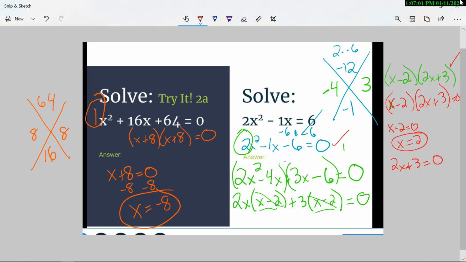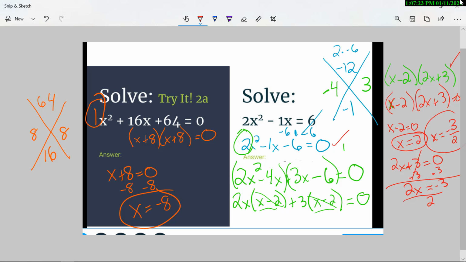And because we have a coefficient of x that's not 1, we're going to have a fraction. We're going to have a negative fraction. So of course, the first thing we do is get rid of that +3. So we get 2x equals -3, and divide by 2. So x is -3 over 2, or -1 1/2, or -1.5.